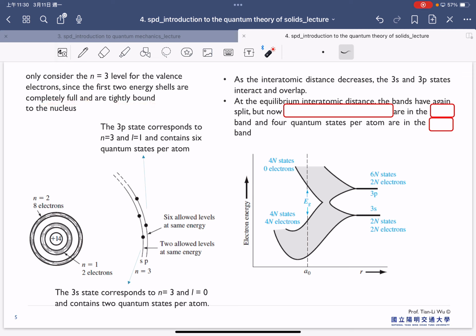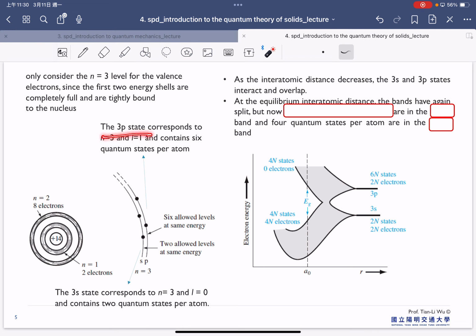As you know, in chemistry we have some ideas like the 3p that describe how electrons fill in the band. So we also borrow the same concept here.